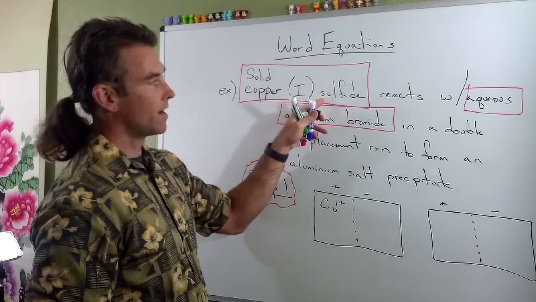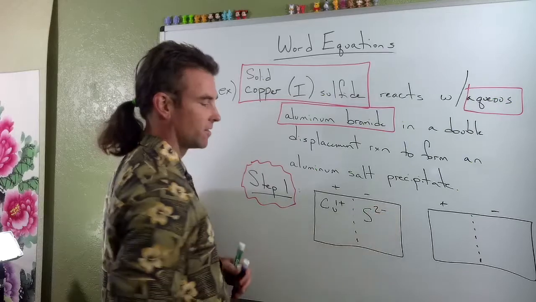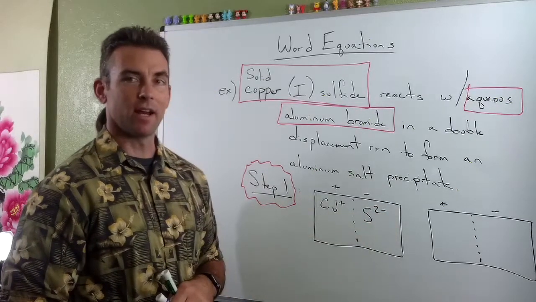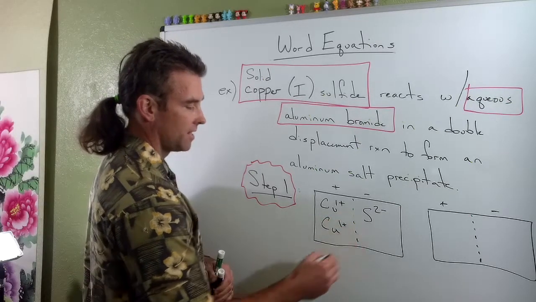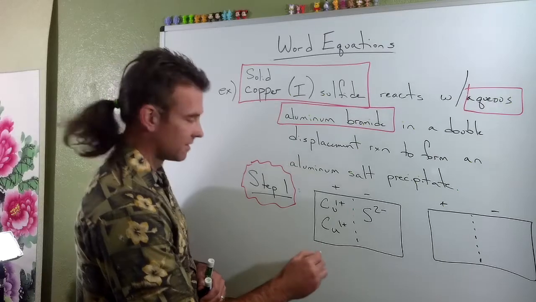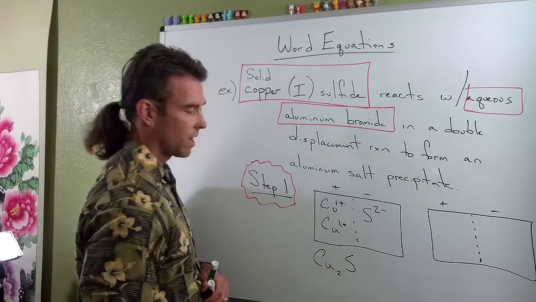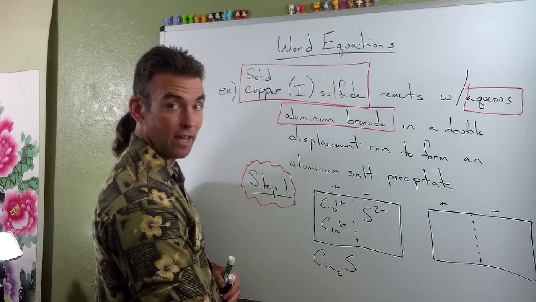I know that I've got a sulfide, and I look it up on the table to recognize that there's a 2 minus. I recognize that that's unbalanced, so I've got to do a crisscross trick, and when I do that, I'll end up with a formula of Cu2S, and since it's solid, I'm also going to include that.